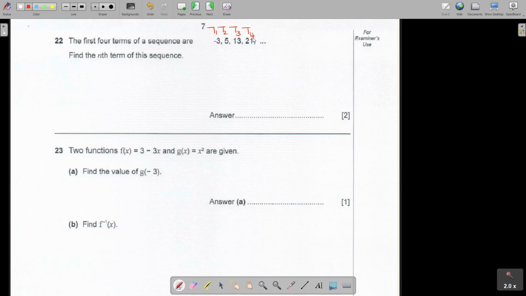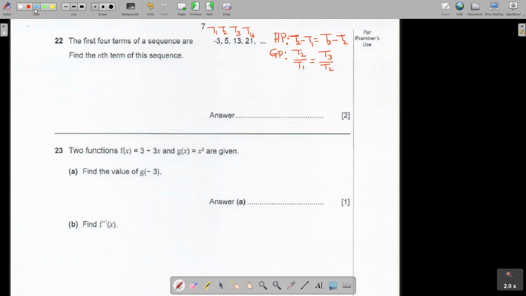Now don't forget, if it's an AP, then the one in front minus the one at the back will be equal to another front minus a back. Okay, then it's an AP. If it's a GP, then the one in front divided by the one in back is equal to the next front divided by back. Okay, so let's start and test.